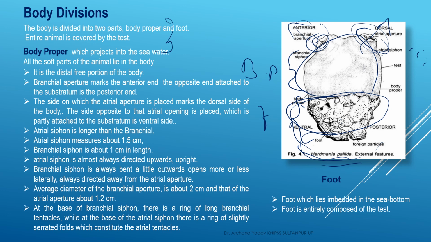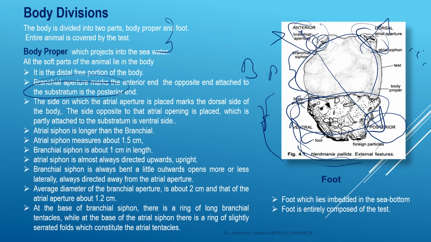Now about orientation. The body of Herdmania has a definite orientation. The side with the branchial aperture marks the anterior end of the body, and the opposite end, which is attached to the substratum, is called the posterior.